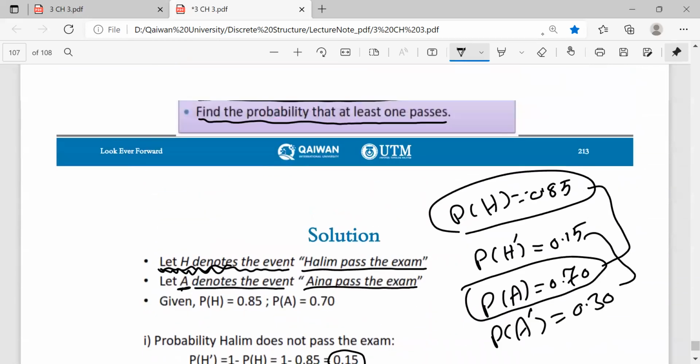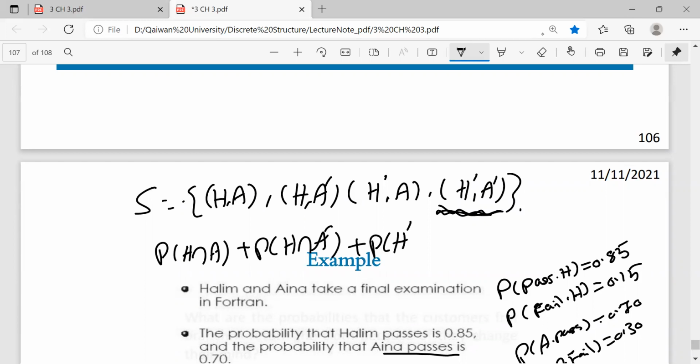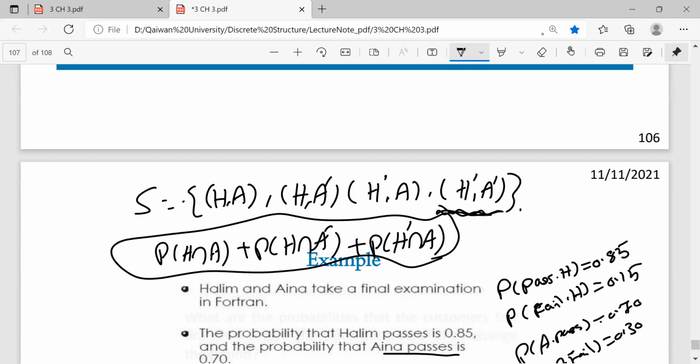And you can also find it by finding probability of H intersection A plus probability of H intersection A complement plus probability of H complement intersection A. Find these, it's the same result. You must get the same result. Probability of H intersection A is 0.85 multiplied by 0.70.